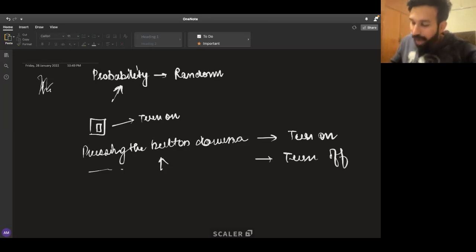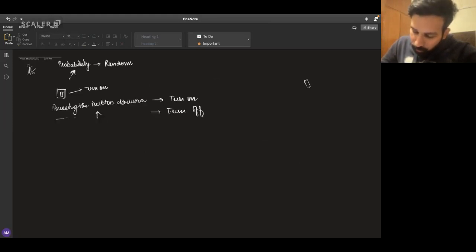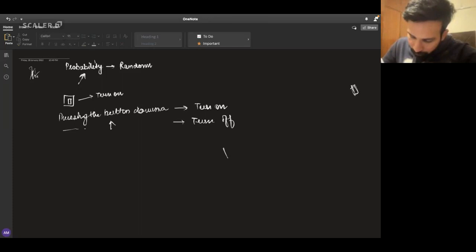Now, think about why I'm saying it is deterministic. Imagine if this were random, what this means is that no matter what you press, the behavior is totally random. Someday if you press down, it will either turn off or turn on the light. And someday if you press the button up, it will turn off or turn on. Doesn't matter. It's totally random, right?